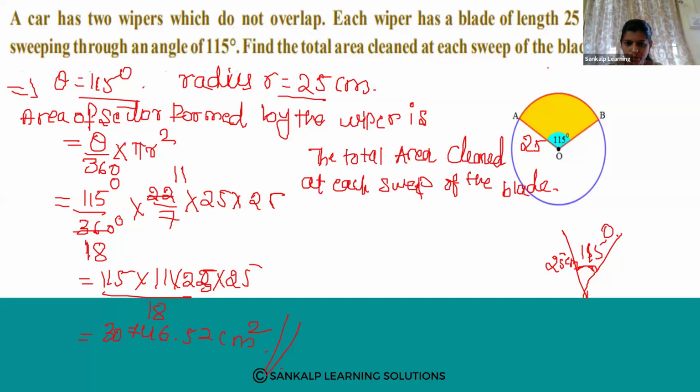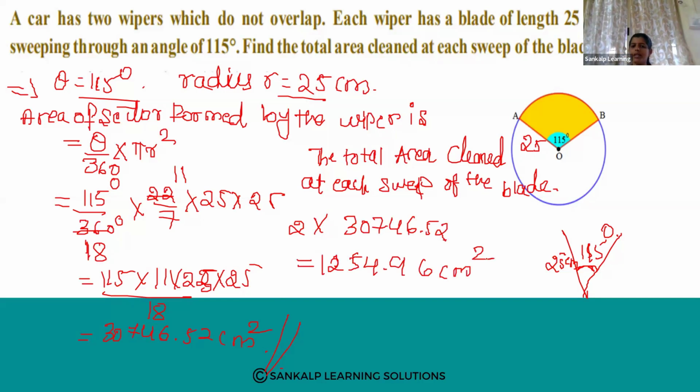That means 2 into the area, 746.52. So we will get 1254.96 centimeters square. So this chapter basically depends on the calculation. Complete chapter depends on calculation. So do the calculation correctly.